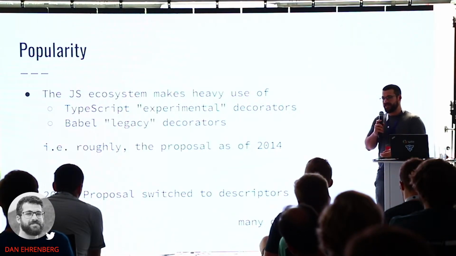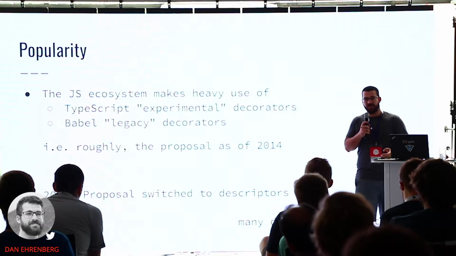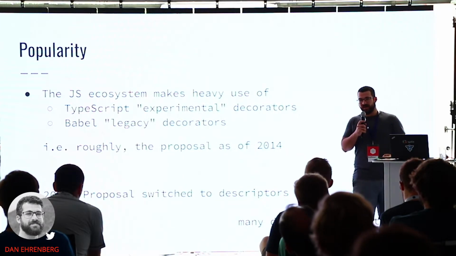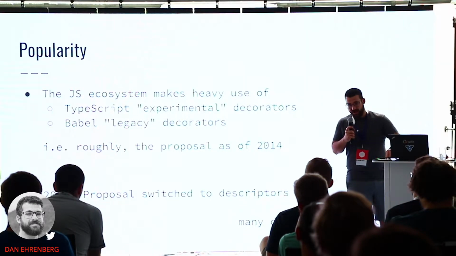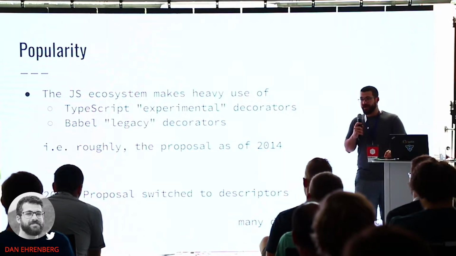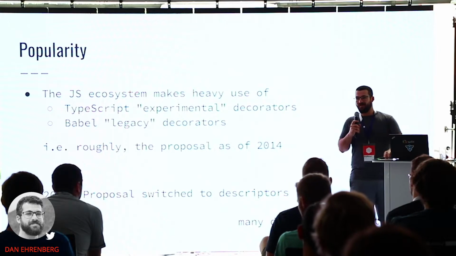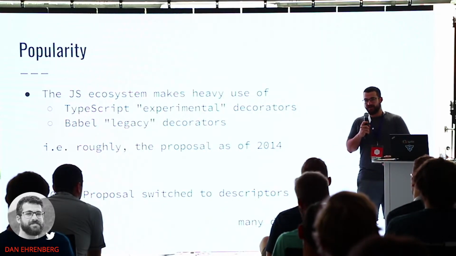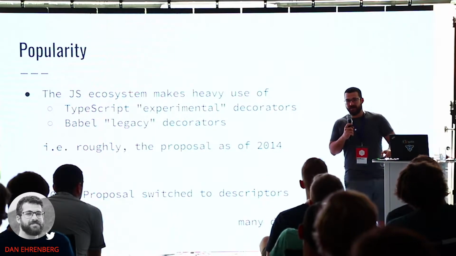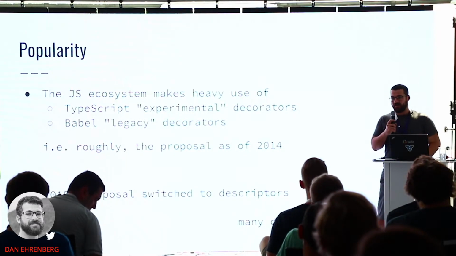Decorators are really popular in the JavaScript ecosystem. Many frameworks take advantage of them, but not just frameworks. They can also be used for logging. When I mention that I work on TC39, many people ask about optional chaining or pipeline or types, but many people ask about decorators. It's something that people are using.